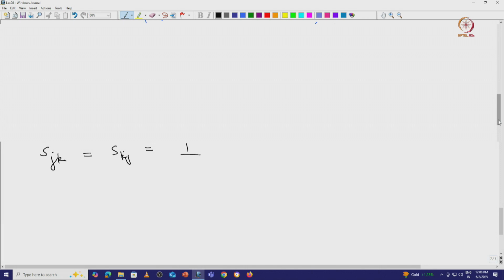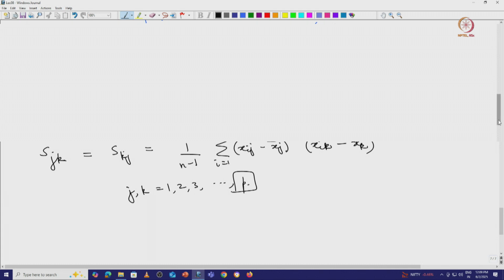So that is 1 over n minus 1 sum i going from 1 to n of (x_ij minus x_j bar) times (x_ik minus x_k bar), and j and k can be all the way from 1, 2, 3 up to p, because we just discussed that in this example we are looking at a data set with p variables.